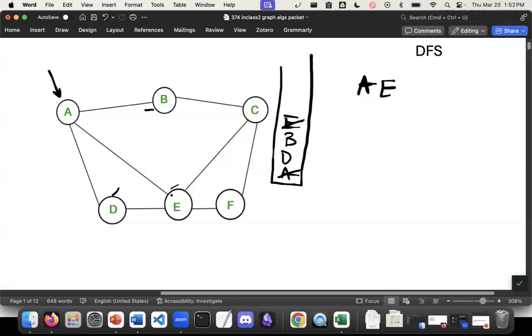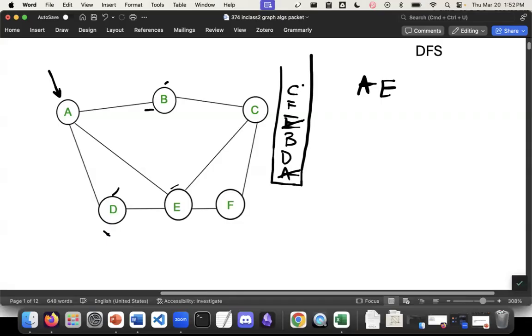Okay, so looking at E, we've got two that we haven't put in the stack yet, C and F. And so now we look at what's up next in the stack. In breadth first search, we would go back to B and D and process those, but we're not doing that in depth first search.